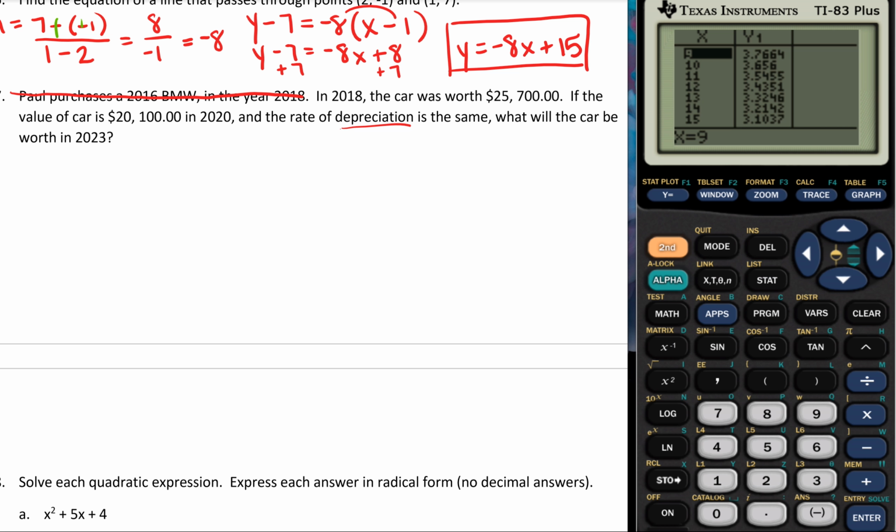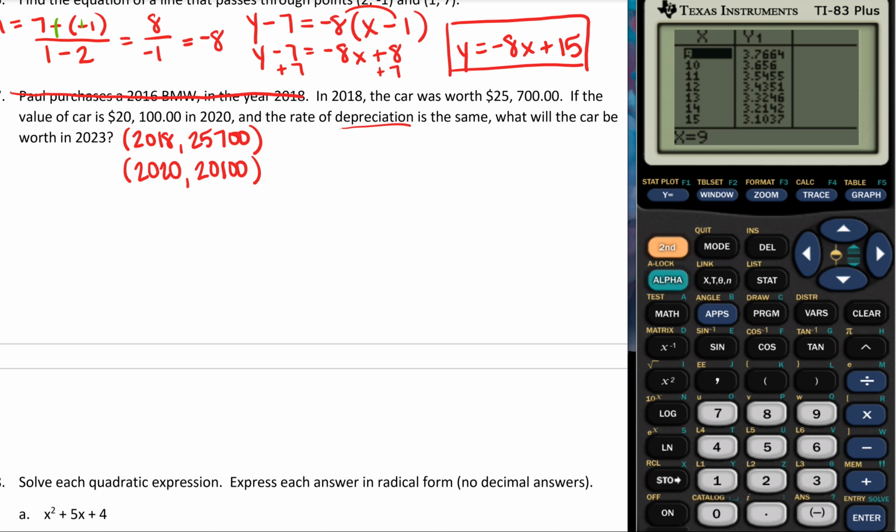The information that we need is in 2018, the car was worth $25,700. So I know I have 2018 was worth 25,700. And then in 2020, the car was worth 20,100.